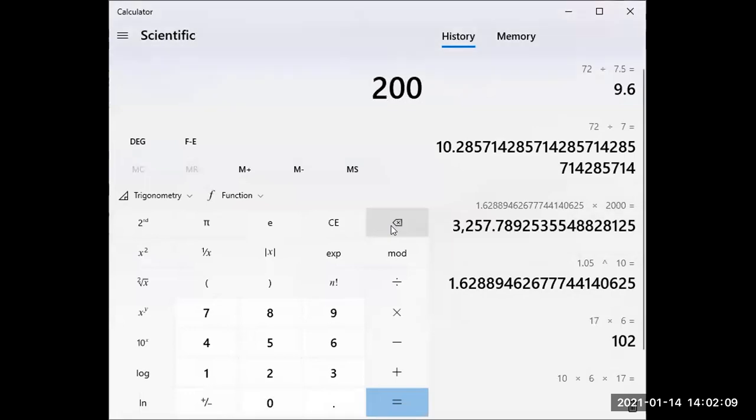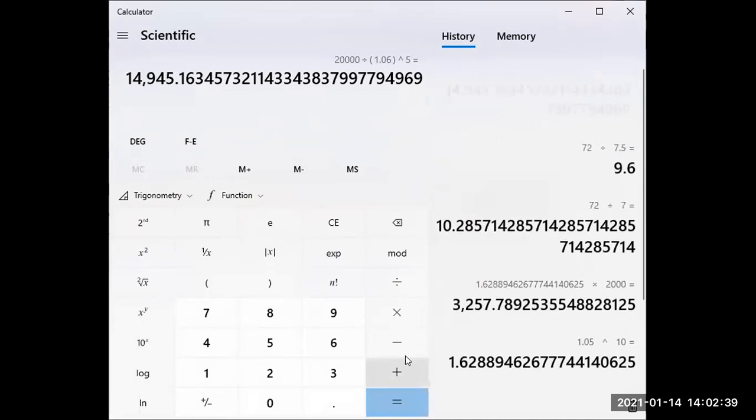So that's 20,000 divided by, and then I'm going to put the parentheses, 1.06, close the parentheses and use the button to the 5th. So I put the 20,000 in, I hit the divide button, I hit the parentheses button, put my decimal in for my interest, close it, I use my power button and I say 5, and then I hit enter and I'm rounding.